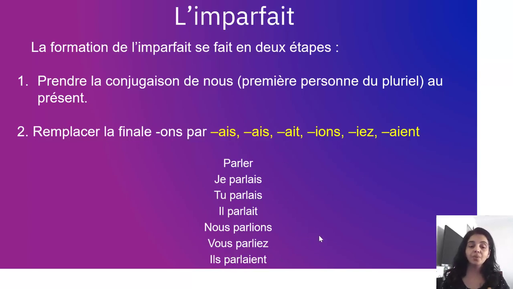Now, for those who don't know the significance of imparfait, imparfait can be considered as equivalent of past continuous. I was doing something, I was saying something. Okay, but the use of imparfait is much more than that, but basically it's past continuous tense. Je parlais, I was speaking, you were speaking, he was speaking, she was speaking, so on and so forth.